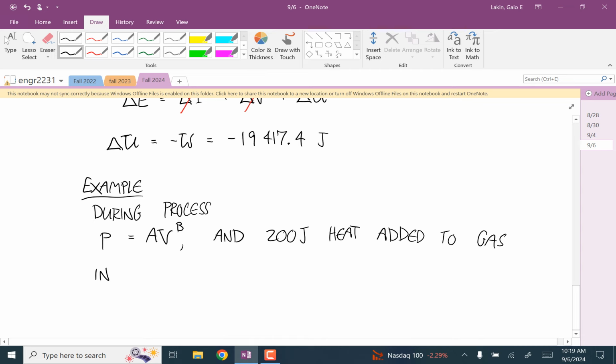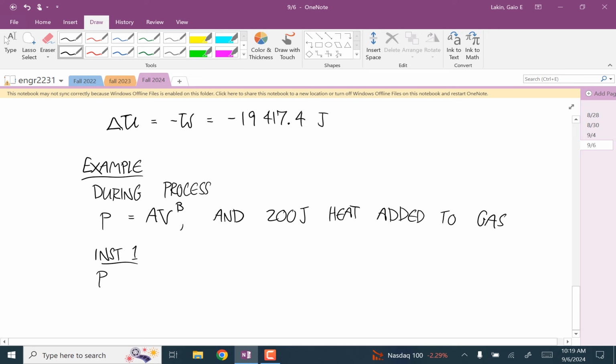At instant 1, the pressure is 2 bar and the volume is 0.3 cubic meters.